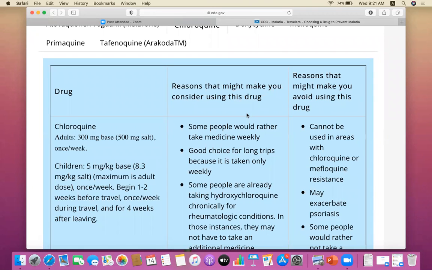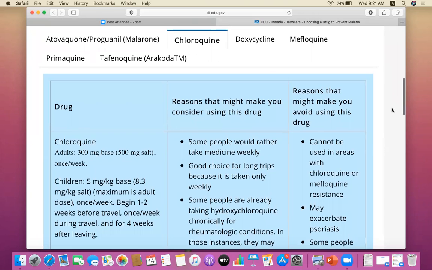Reasons that might make you consider using this drug: some people would rather take medicine weekly. Before, the first one we saw, atovaquone-proguanil, the person has to take daily for prevention, and chloroquine is just once a week, a dose of 300 milligrams. It is also a good choice for long trips because it is taken only weekly.